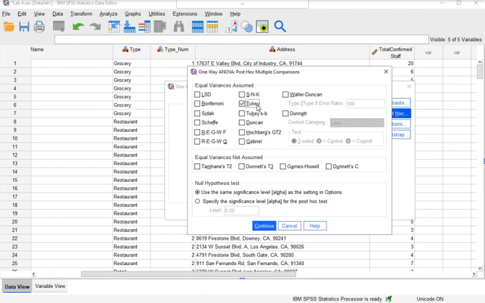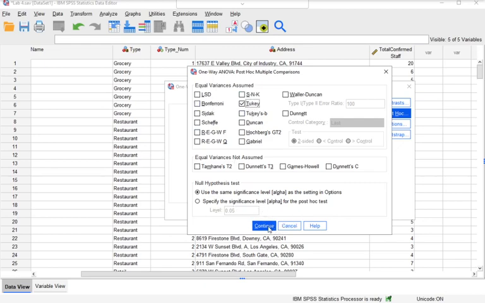We have no idea if mean 1 is different from mean 2, 2 is different from 3, or 3 is different from 4. We just know that one of those means is different and causing a significant effect. So with a post hoc, you can see exactly which group is significantly different. So Tukey is just a common post hoc test that is used, and so is Bonferroni.